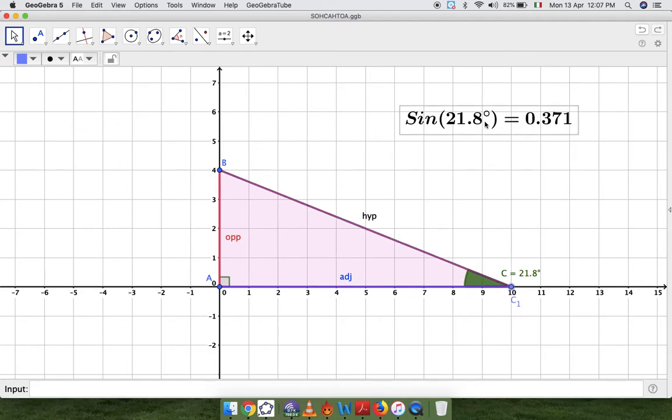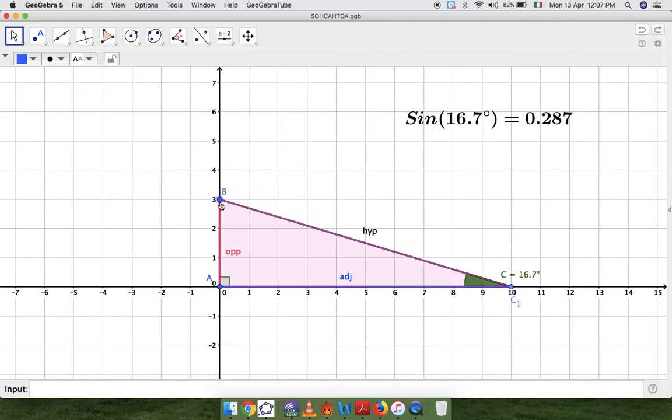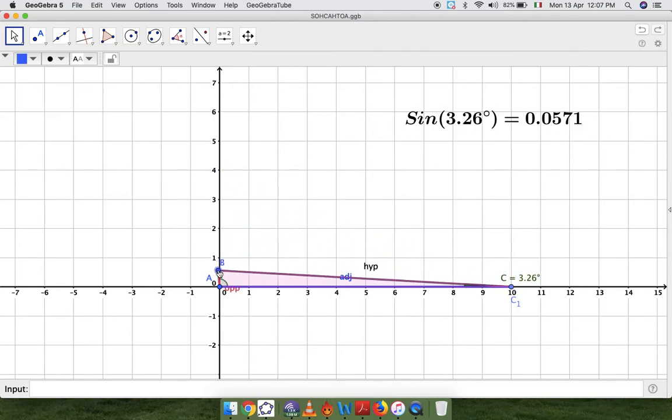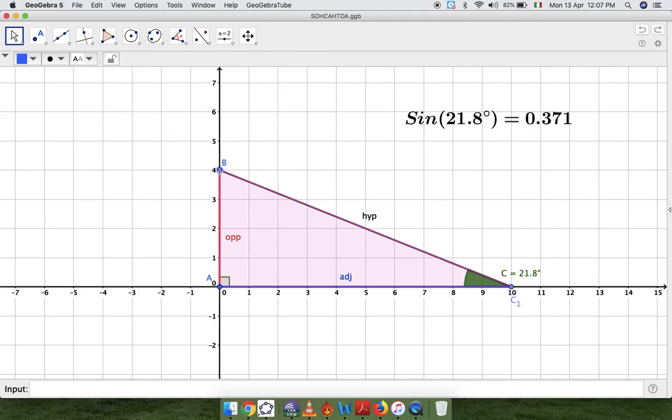So if I were to make the opposite length 0.371, I don't know, it's like down there, and I kept that angle the same, the hypotenuse would be 1. So I'm just going to go back up here to 4 real quick.